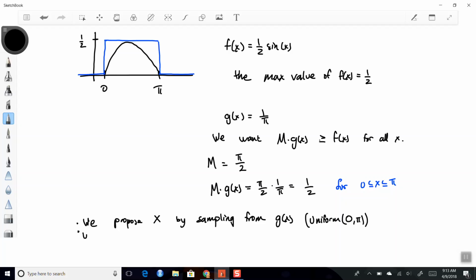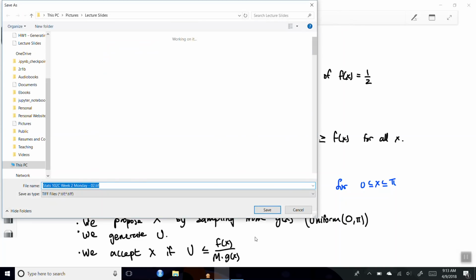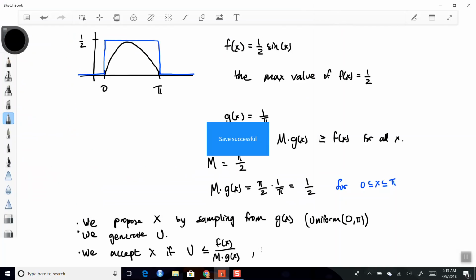Then we generate u, and then we accept x if u is less than or equal to f of x divided by m times g of x, and reject otherwise.